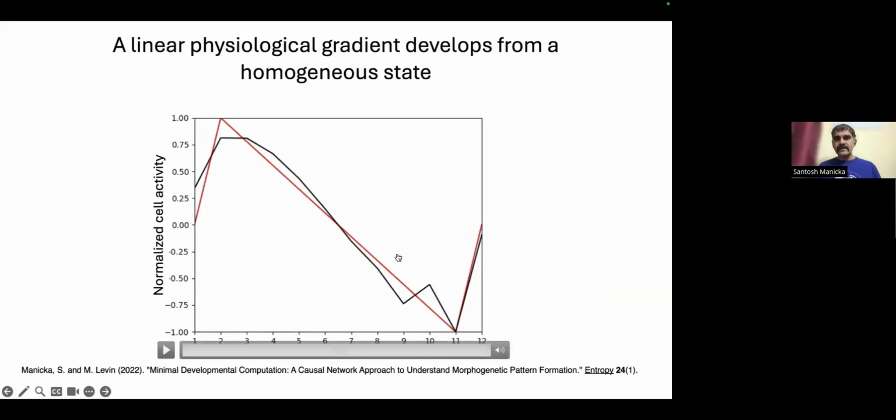The red line is the target that we use to train the system. Even though it does not follow exactly the red line, and the actual gradient is not perfect, it does form to some extent. The model does other things too, but I don't want to get into that.